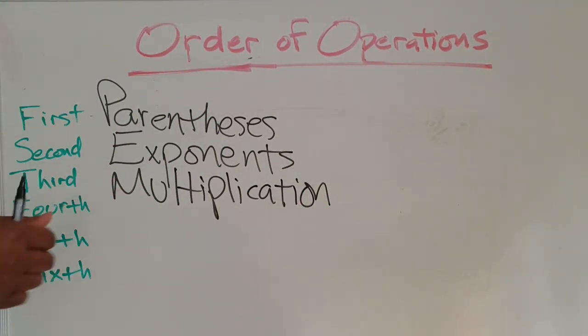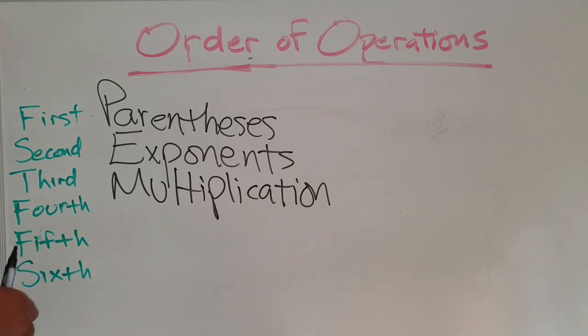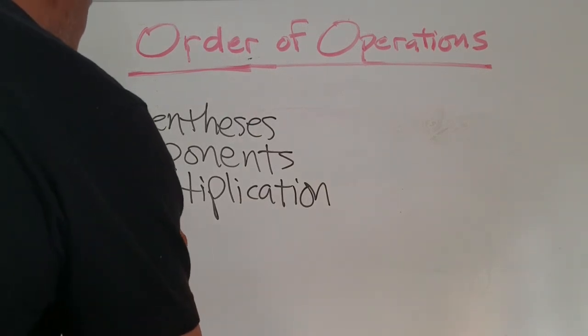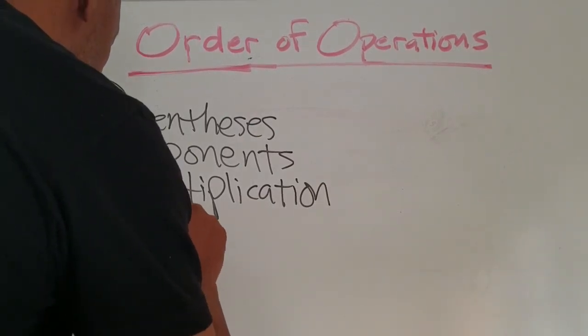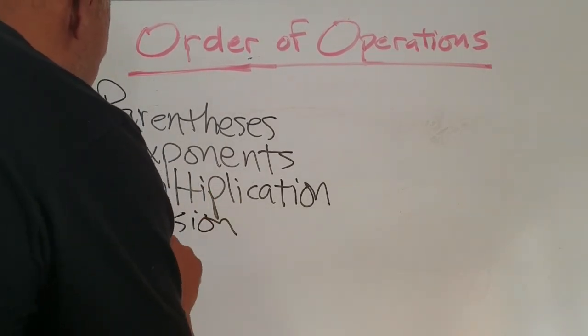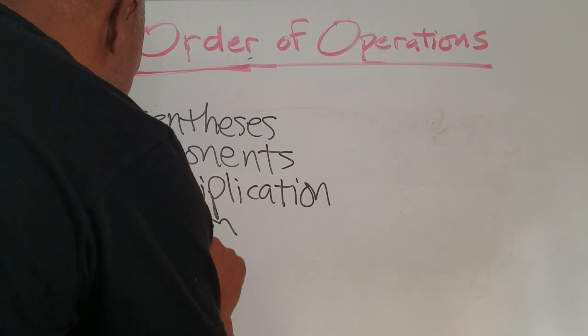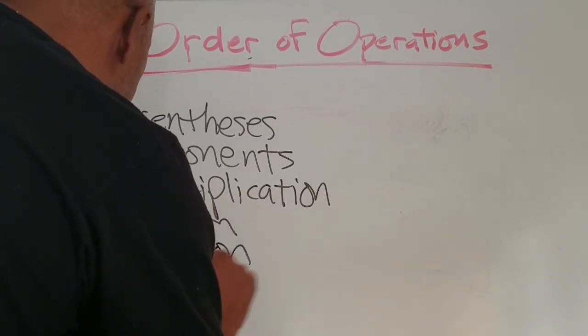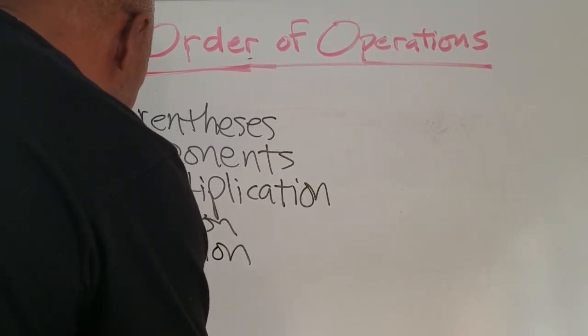Again, if there are any multiplication elements within the problem. The next 4th one is division. Then addition. And then lastly, subtraction.